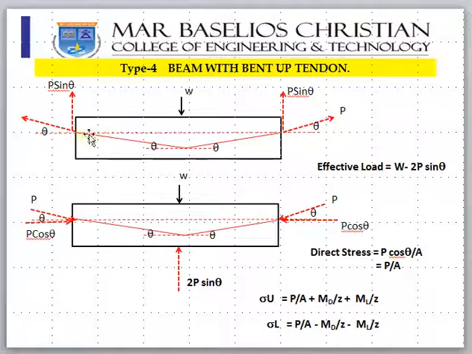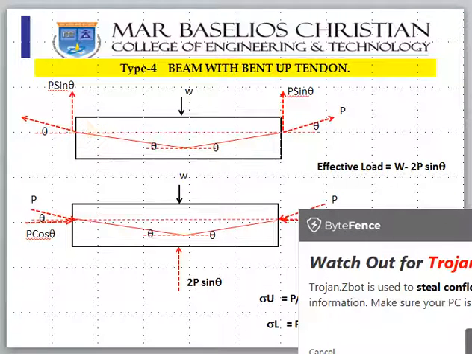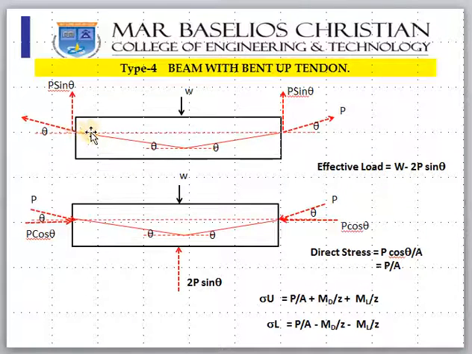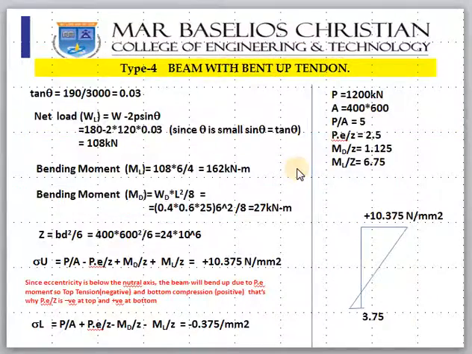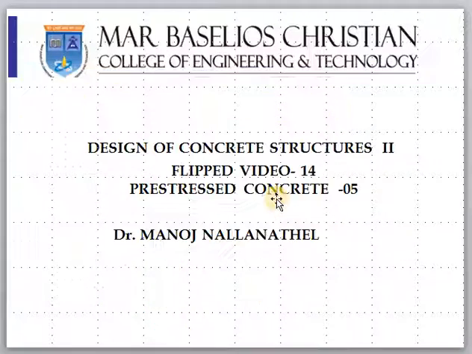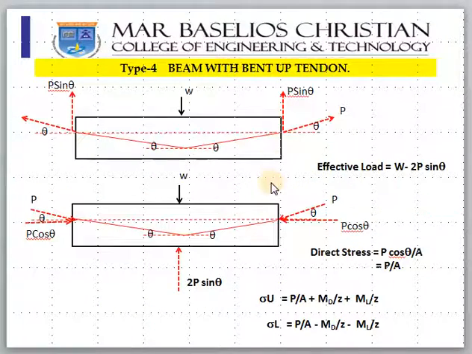The dip is more at the center, and towards the end the tendon can coincide with the neutral axis, or be above or below the neutral axis. So there are three variations of this type of problem.